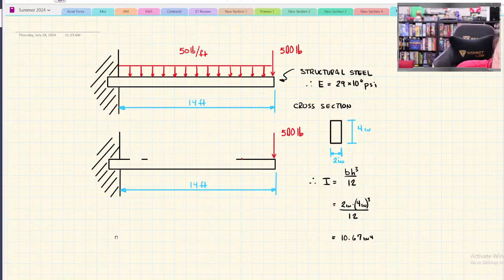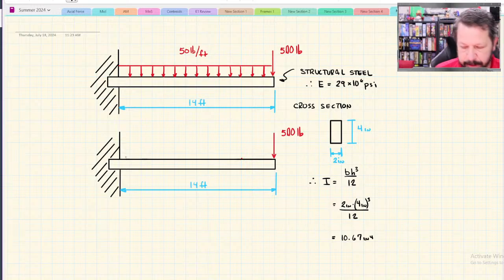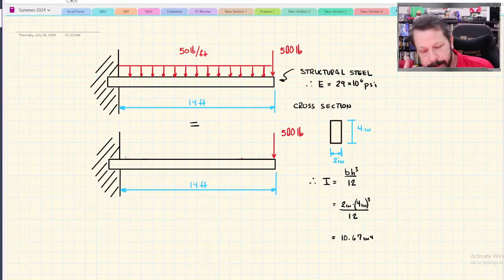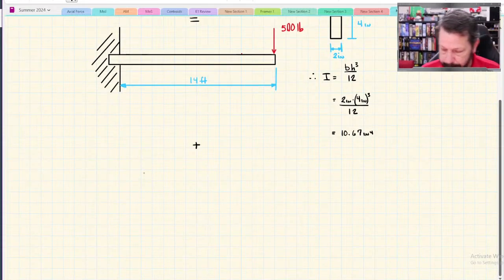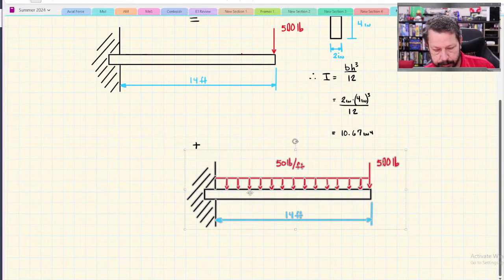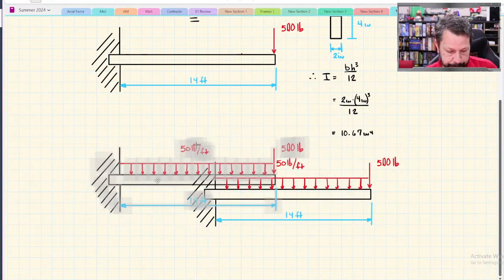So this two-load scenario together, point load and distributed load, equals the point load plus the distributed load. That's superposition.